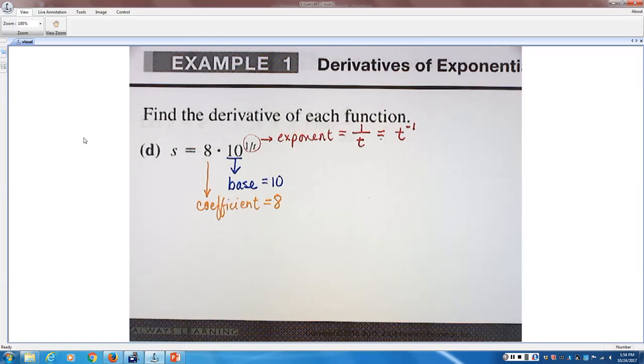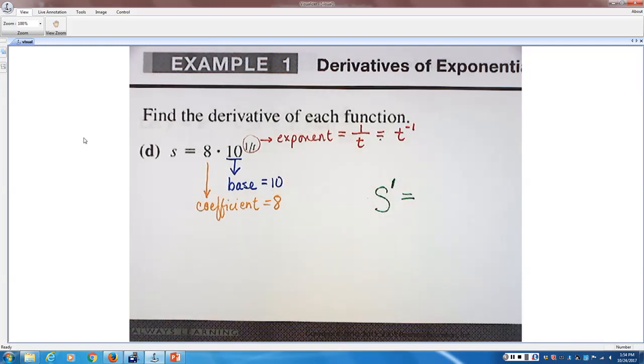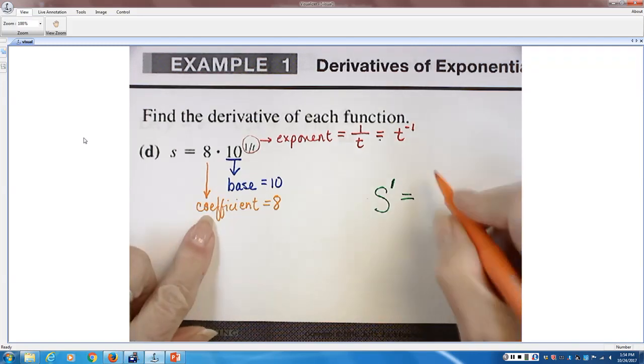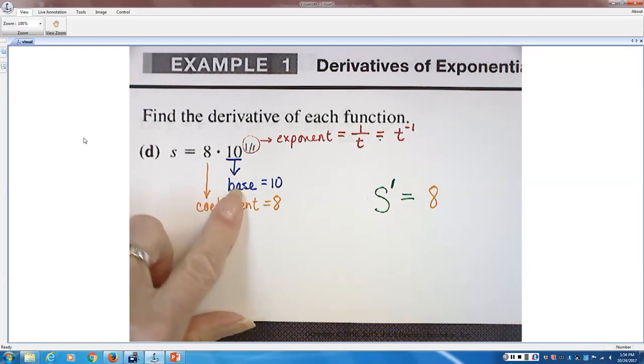find its derivative. Okay? So when we start writing this derivative, here's what we've got. We have s prime, which says that, hey, I'm the derivative of s. We let our coefficient just hitchhike, so there's the 8. The derivative of the base 10 is the natural log of 10.